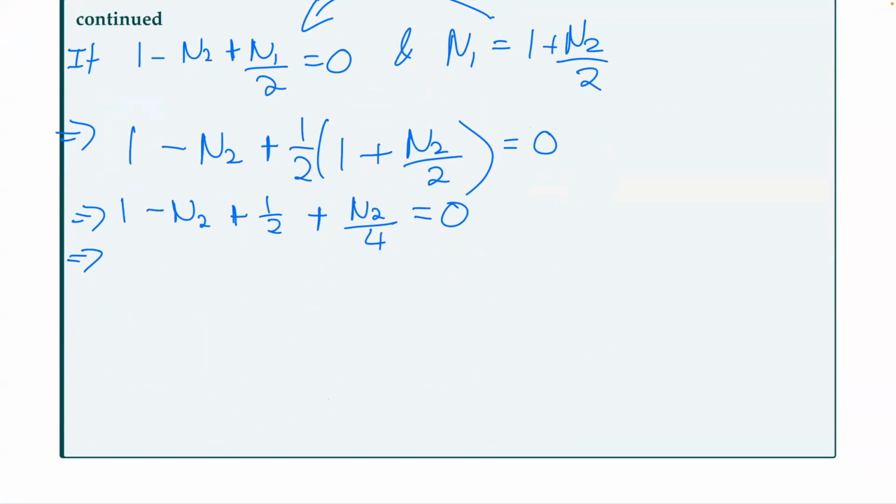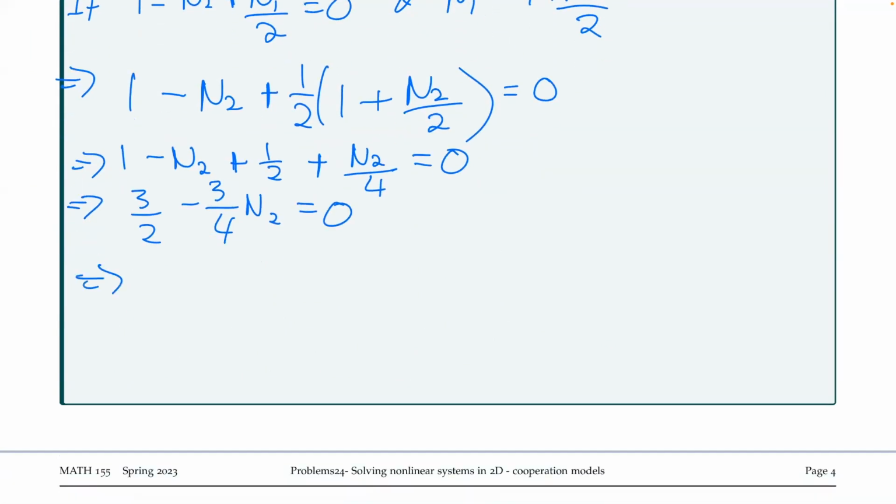Okay, let's see where we're at. So we've got a 1 plus a half, so it's going to be 3 over 2. We've got minus n2 over 2 plus a quarter of n2 over 2. So that's going to be minus 3/4 n2, equals 0. So this just simplifies to be n2 is equal to 2.